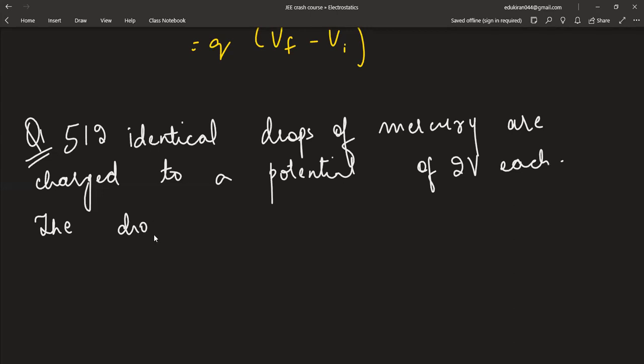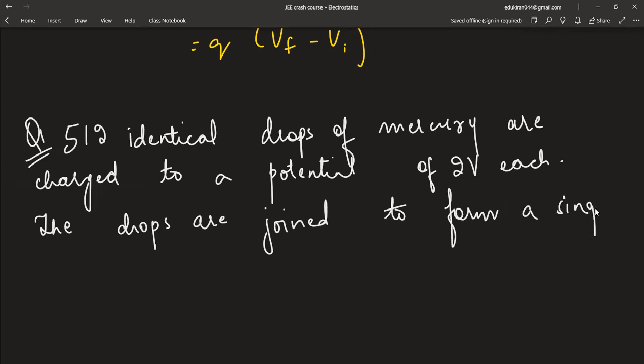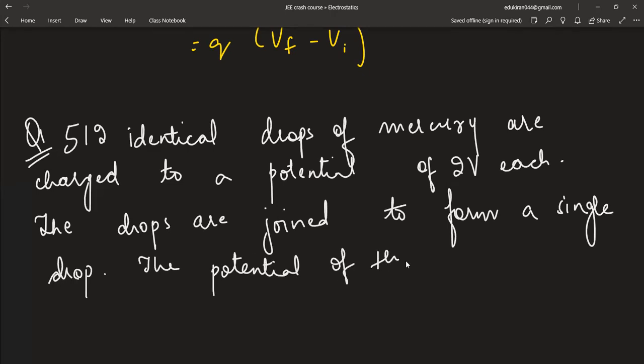So the drops are joined to form a single drop, means a big drop. Now you have to tell the potential of this drop is dash volts.